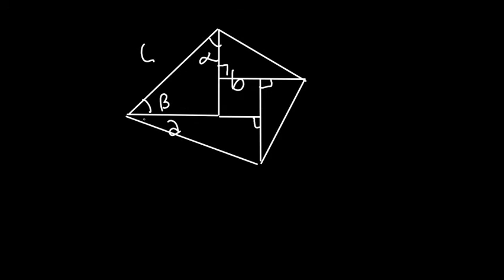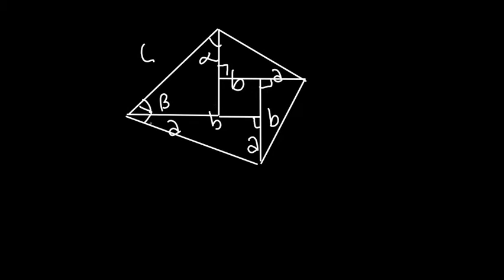So we have that this is beta, this is B, and this is A, this is B, and this is A. And so we have this tiny square. Given that these are all four perfect right triangles, this bigger shape is also a square.